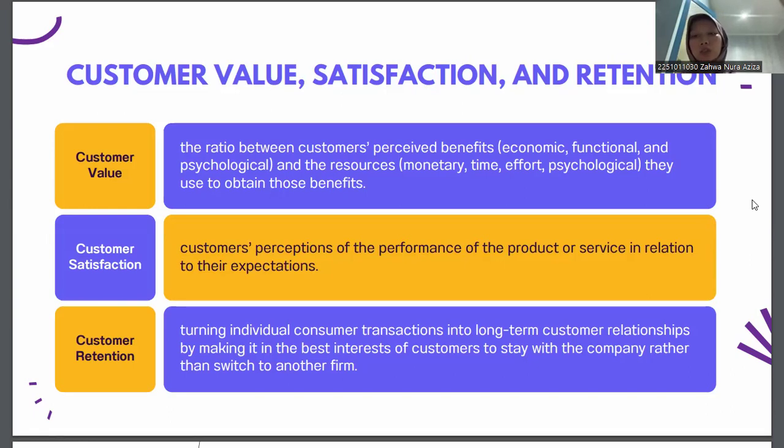Customer satisfaction is the customer's perception of the performance of the product and service in relation to their expectations. And consumer retention is turning individual consumer transactions into long-term customer relationships by making it in the best interest of the consumer to stay with the company rather than switch to other firms. Next, please.